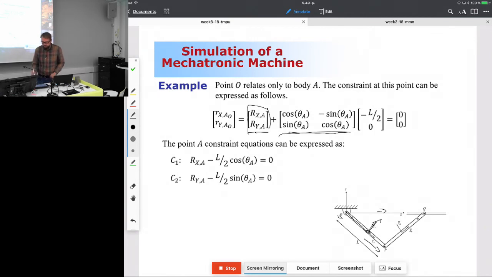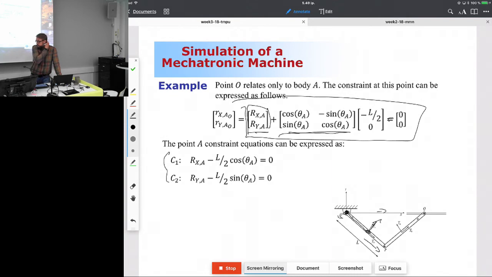How can I say that this point O has to stay at the origin of the global coordinate system no matter what? I say that this equation has to be equal to 0, 0. Make sense? Okay, good. That gives me two constraint equations, 1 and 2.